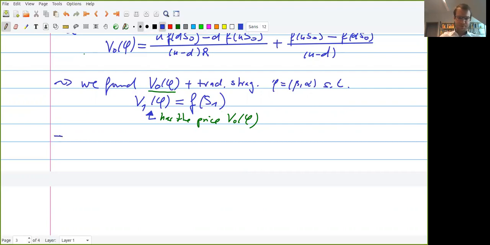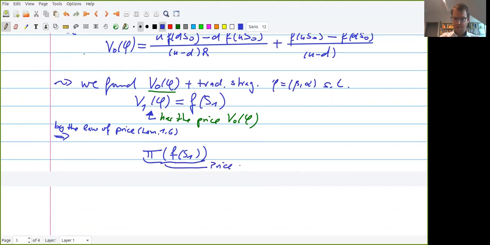And now we can apply the law of one price, which we have seen in lemma 1.6, which tells us the price of the option F acting on the price at time 1 is equal to V0.